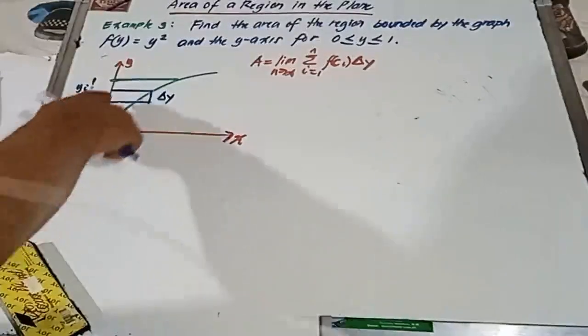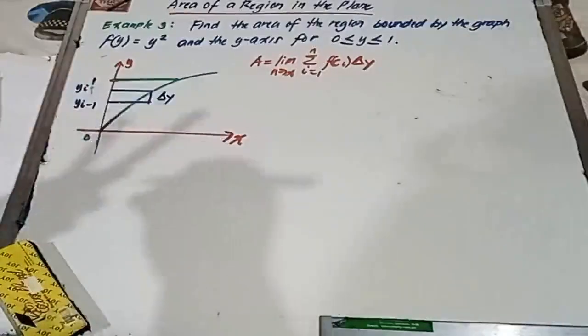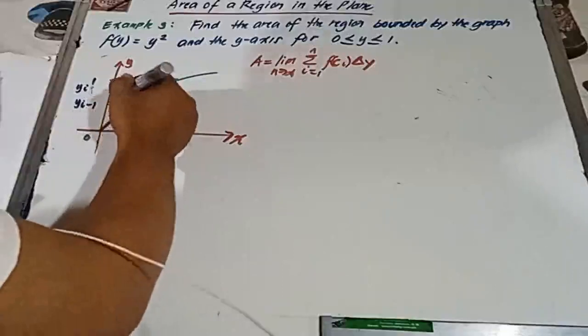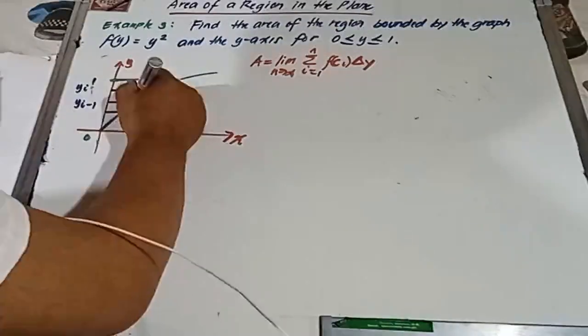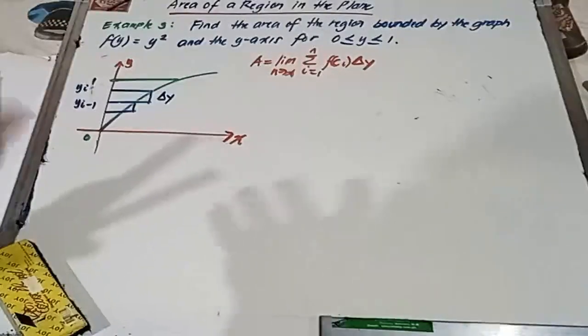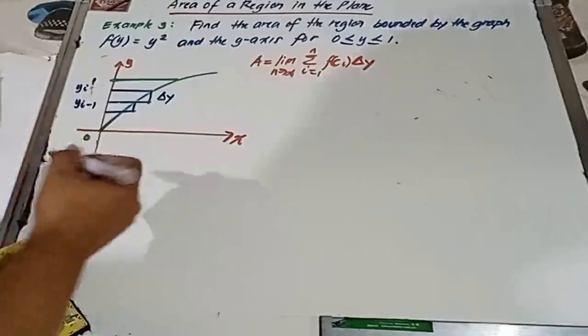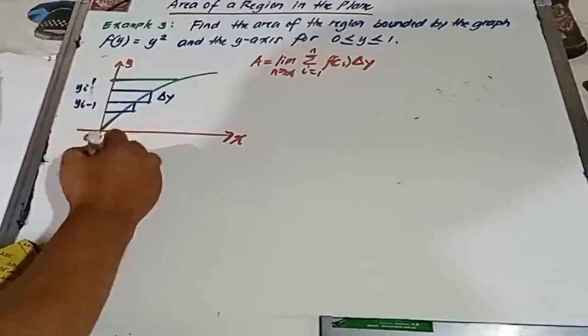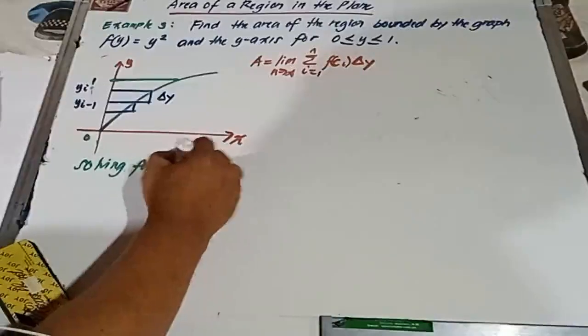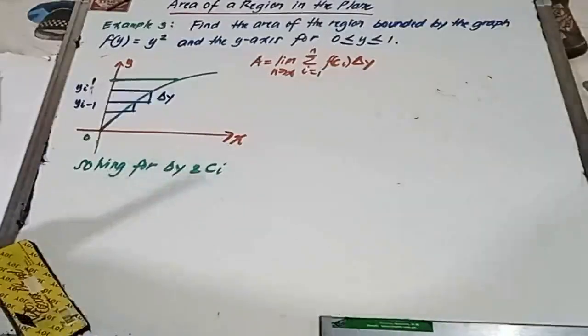So, ang gamitin natin, upper end point. Okay? Circumscribed rectangle siya. Okay, dagdagan natin para maganda tingnan. Now, solve muna natin delta y and c sub i.